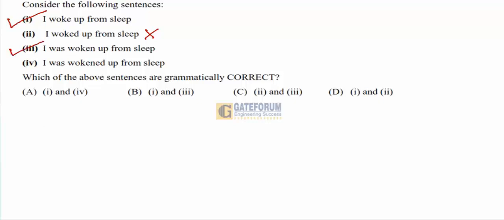I was woken up from sleep is wrong. So basically, the correct option would be which has 1 and 3 in it, and that is number B. So that is the correct option. I woke up from sleep and I was woken up from sleep are the two correct options.